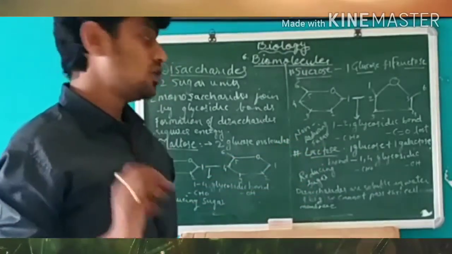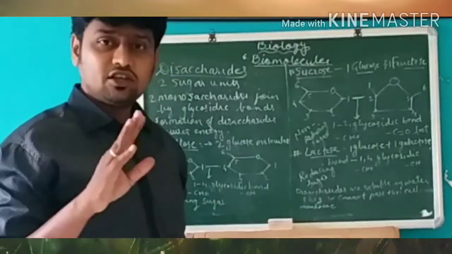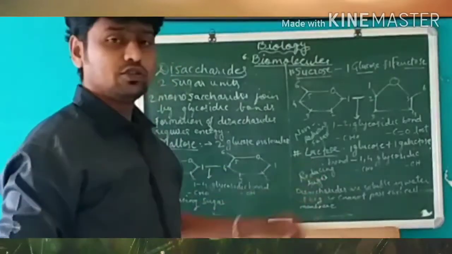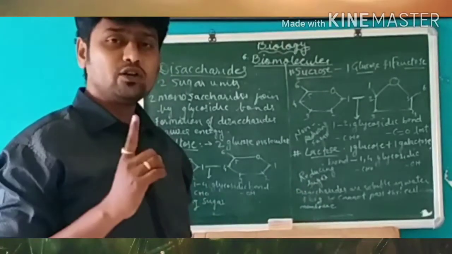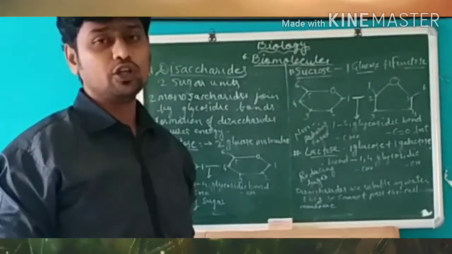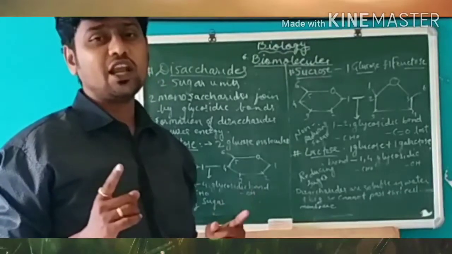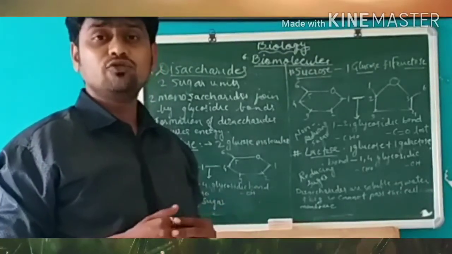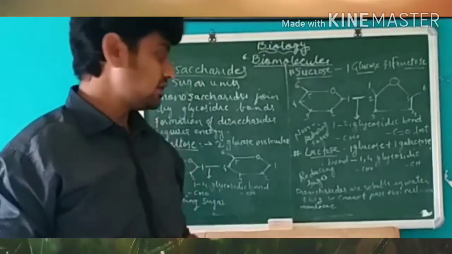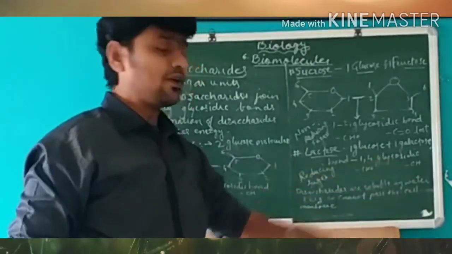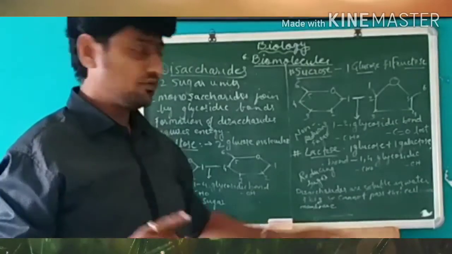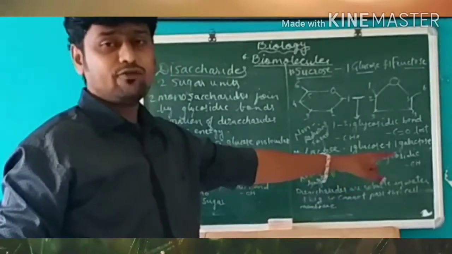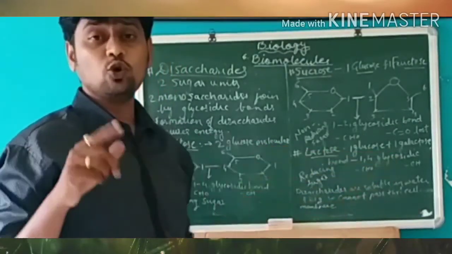The third example we will see is lactose. Lactose is also a disaccharide, formed by one glucose molecule and one galactose molecule. They form a 1,4-glycosidic bond. From glucose, the functional group at the first carbon is lost, and the fourth carbon of galactose loses its OH group.